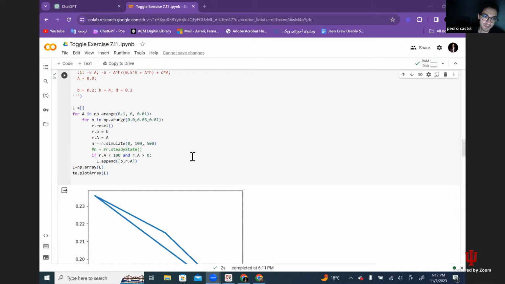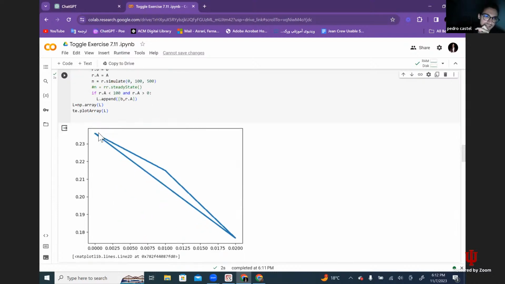As I don't know the endpoint exactly, I am just saying if the value of A is above 100 or below 0, don't even give me that. And I am hoping something between 0.1 and 6 works. That's it. And then I get this weird shaped graph here.